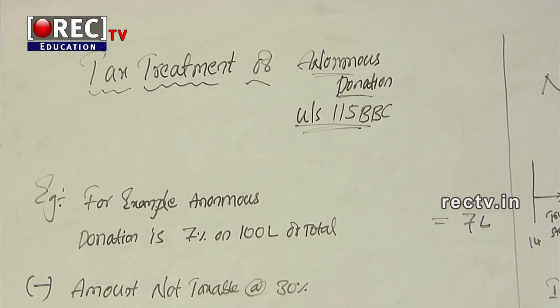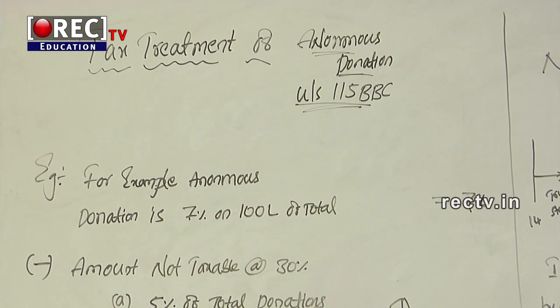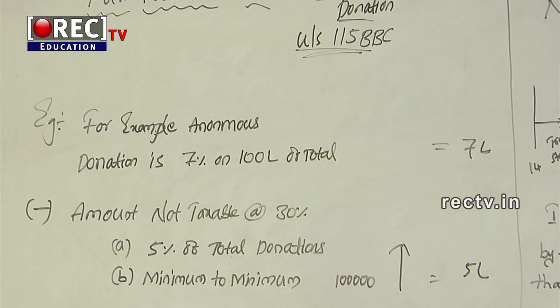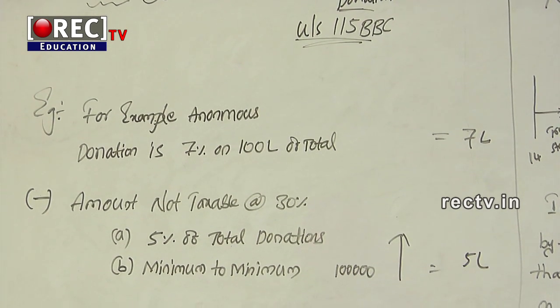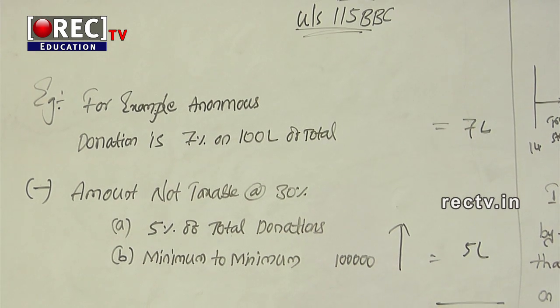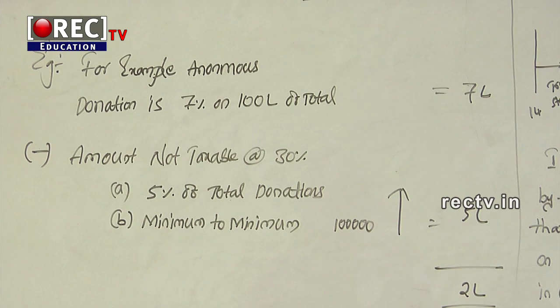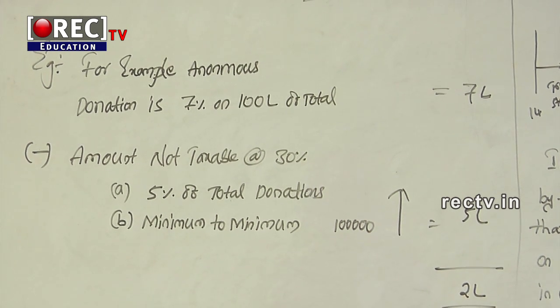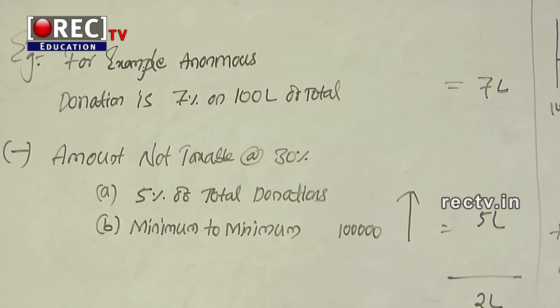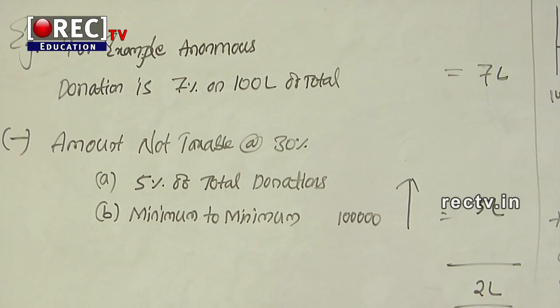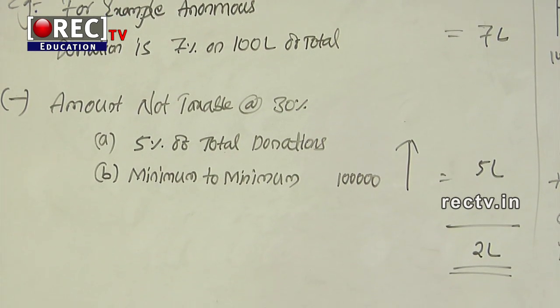Tax treatment of anonymous donation under section 115BBC. For example, anonymous donation is 7% on 100 lakhs, that is 7 lakhs, and you should deduct from it the amount not taxable at the rate of 30%, that is 5% of total donations or 1 lakh, whichever is higher. In our example it is 5 lakhs, therefore the remaining balance is 2 lakhs.